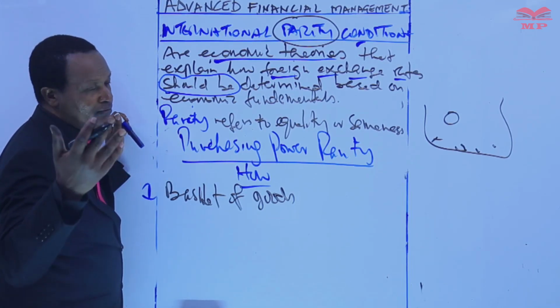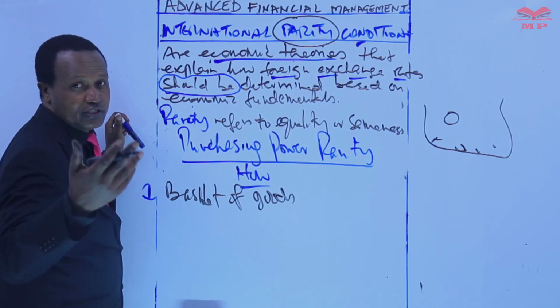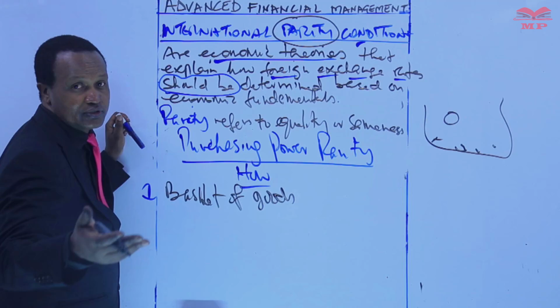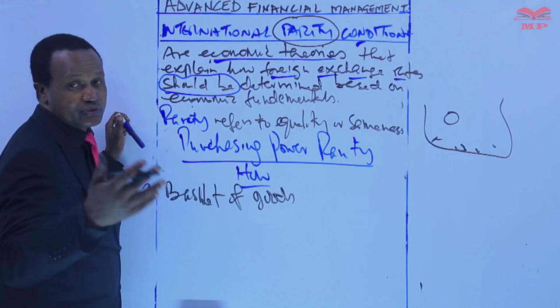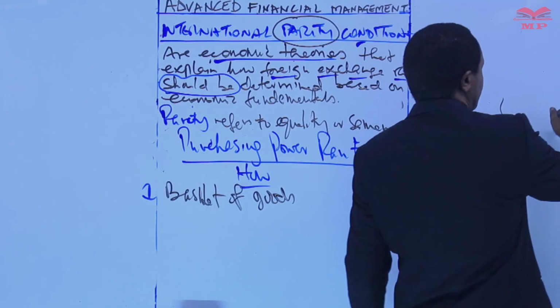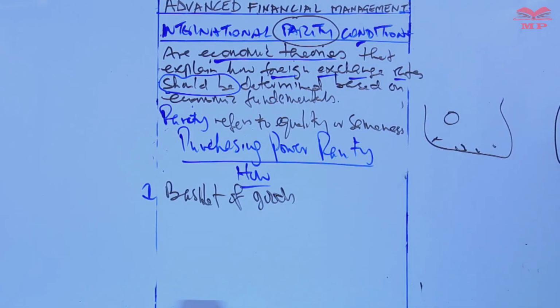And the basket should include a variety of goods and services such as food, housing, airtime, transportation, healthcare, and so on. So we have two baskets of similar goods that are commonly consumed in these countries. We have country A and country B baskets.